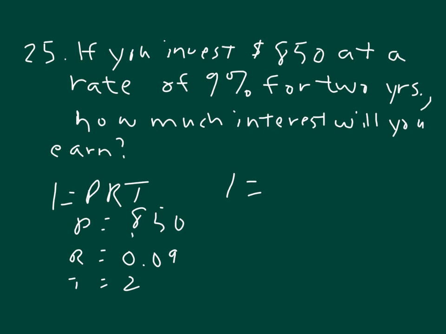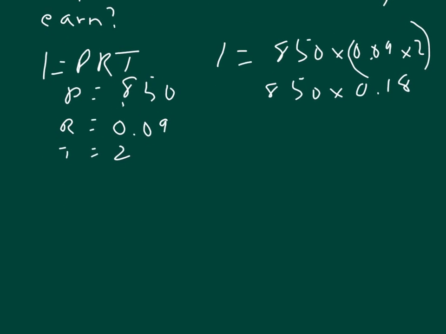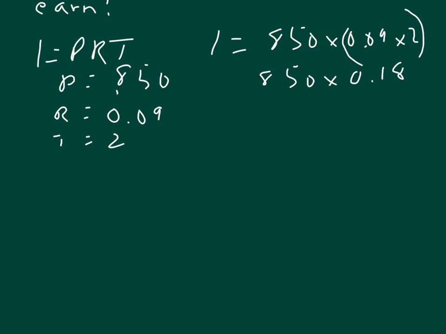So what I'm going to say is that the number I'm looking for, the interest, is going to be 850 times 0.09 times 2. And I'm going to group this together and do it mentally. That's 9 times 2 is 18, so it's going to be 0.18. And I need a little more space to do this math. 850 times 0.18.